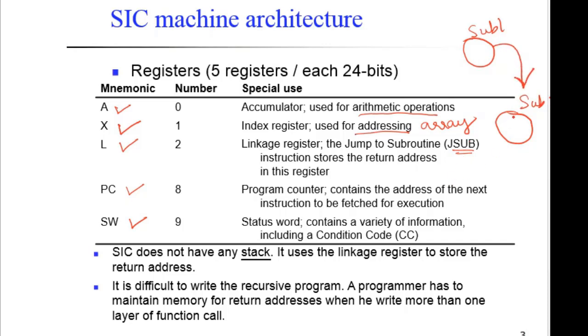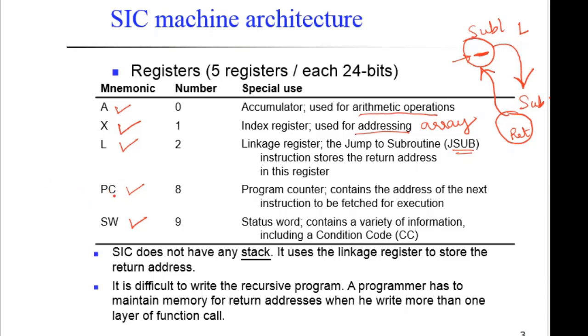And if you want to return back to the same subroutine, you will have a return statement here. That means you need to remember the address before performing this jump. This instruction's address will be stored in the linkage register. So the return instruction can use the contents of the linkage register and jump back to the subroutine.